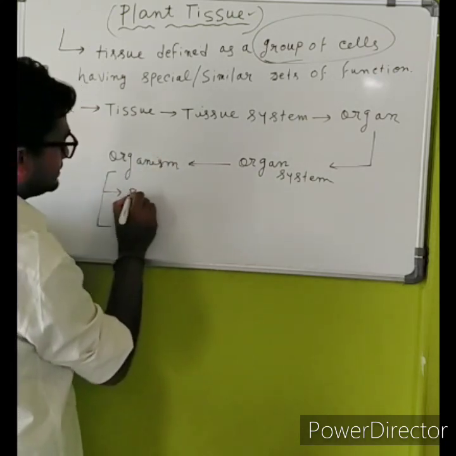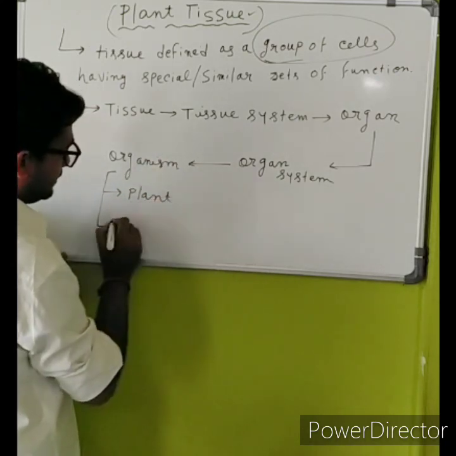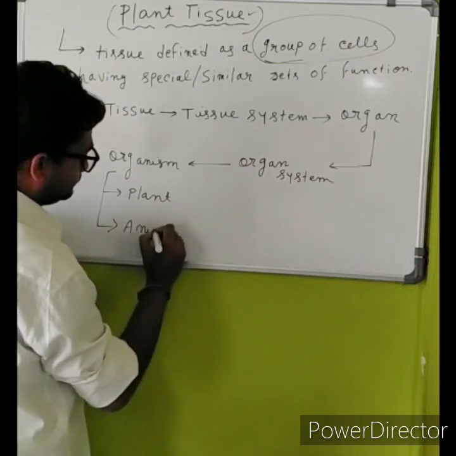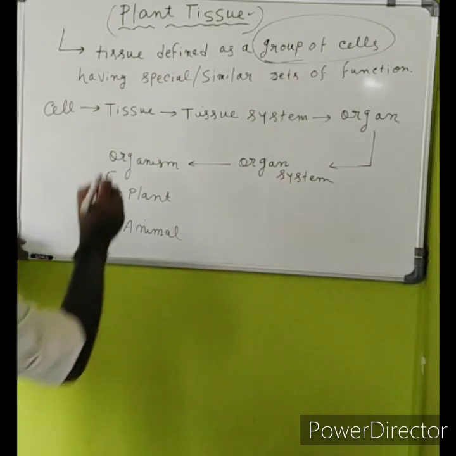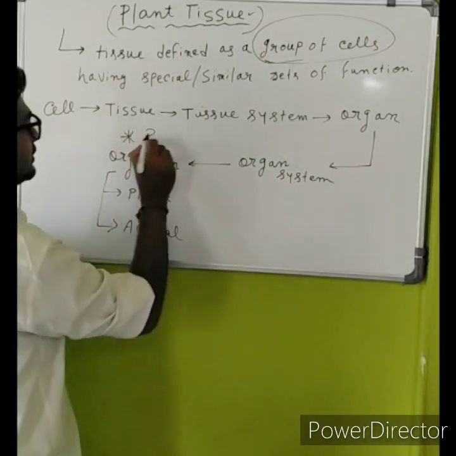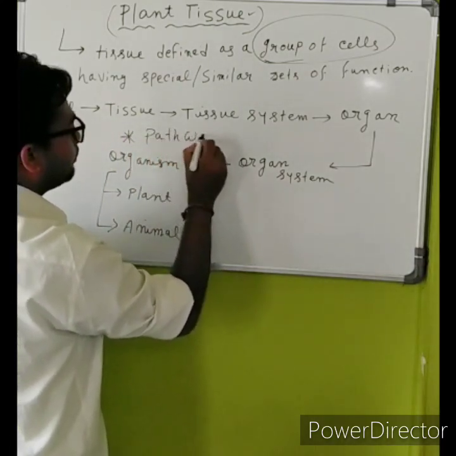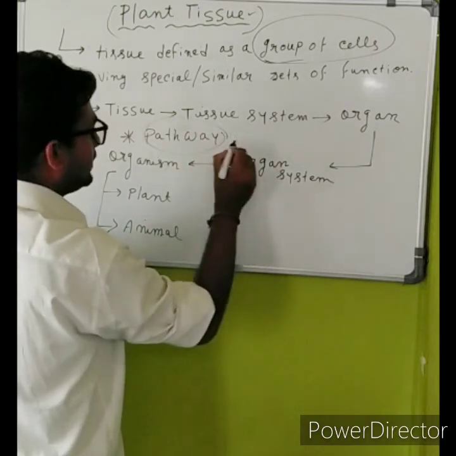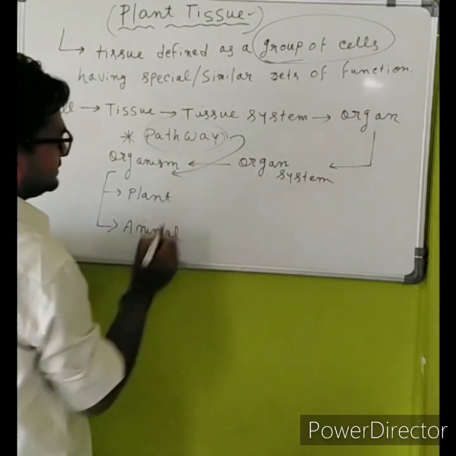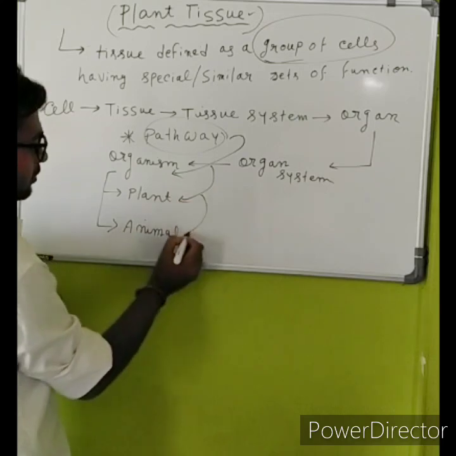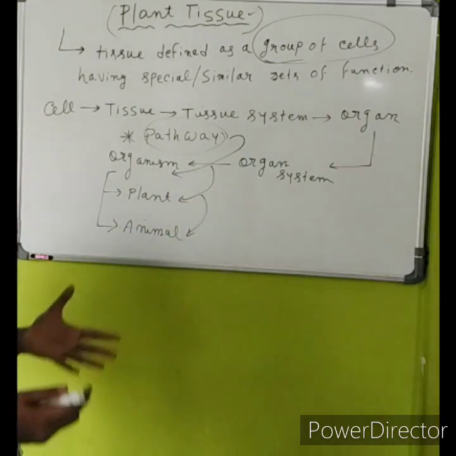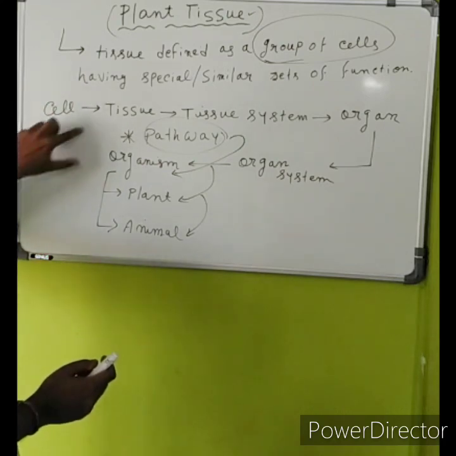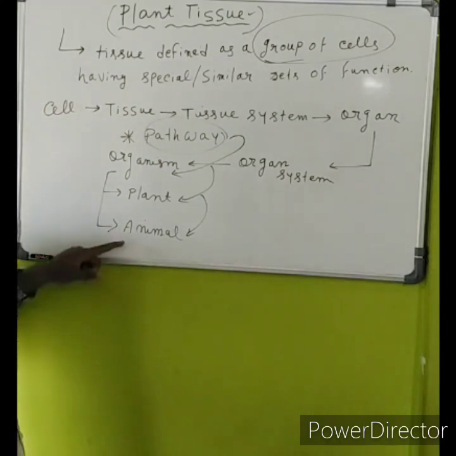It may be plant or animal. So it is the basic pathway for the formation of an organism, either plant or animal. So cell is the basic unit of life.